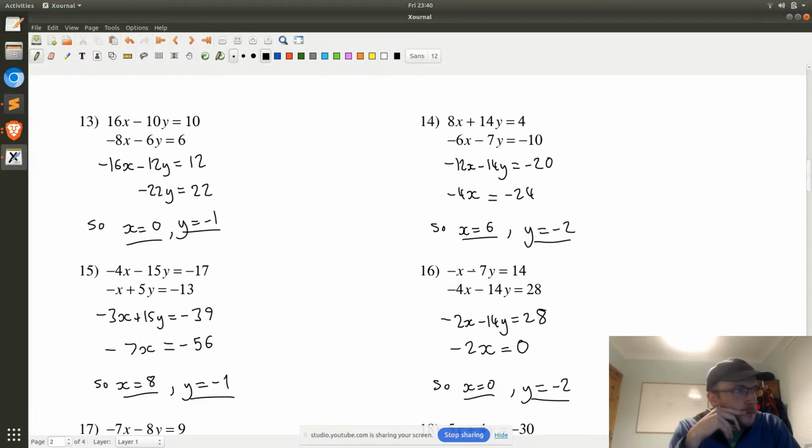How did that happen? There wasn't an error with y? Let's see. Okay. Oh, double the bottom. But then what? Add to the top?